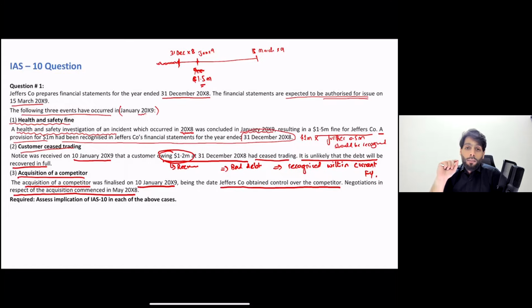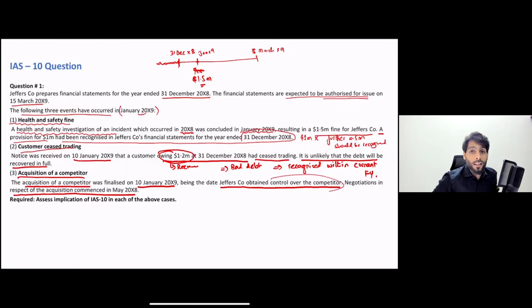So most of you might be feeling that this should be termed as an adjusting event. However, in my opinion, this should be termed as a non-adjusting event because the control over the competitor actually happened after the reporting date.